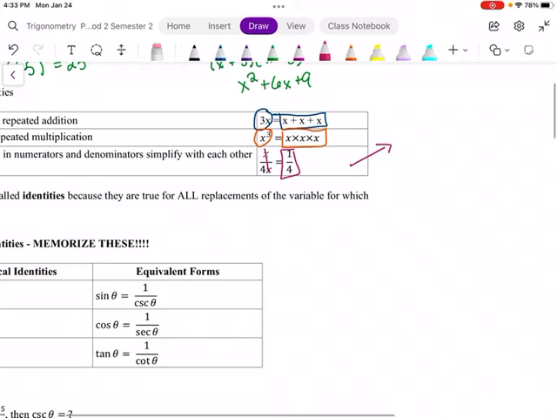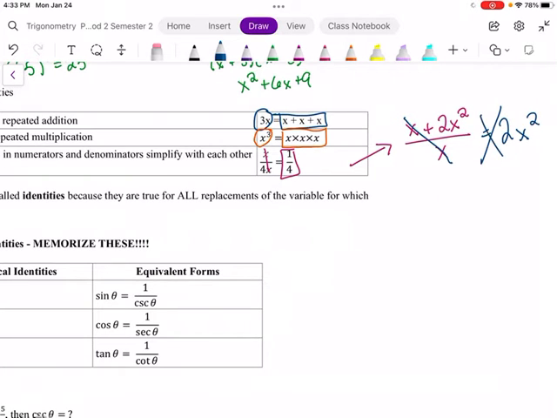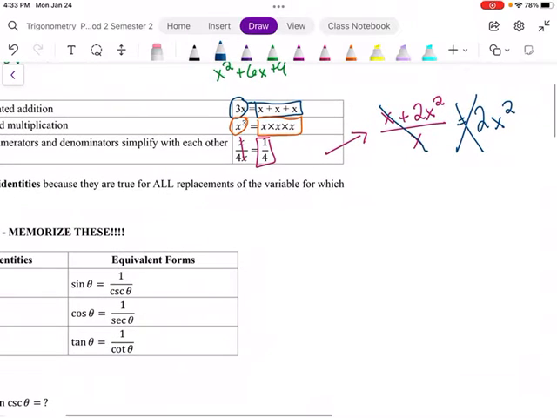One thing I want you to be careful about is when you're simplifying fractions, if you had x plus 2x squared over x, a lot of people just want to go and simplify these x's and say that this is equal to 2x squared, which is not true. What you have to do is you have to simplify with all of the terms when you're adding or subtracting on the top and the bottom.